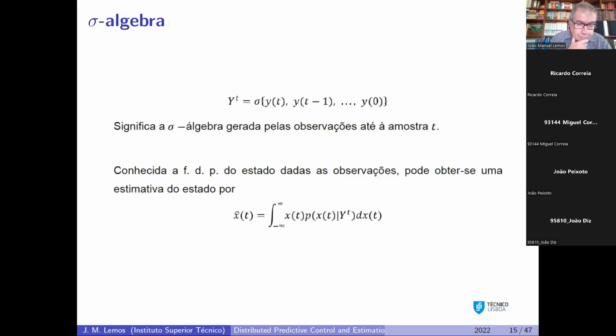And what do you do with that? If you know the probability of the state, then you can compute the expected value of the state, and you have an estimator. So this is one way of relating what we said before with the story of propagating the probability density function of the state.